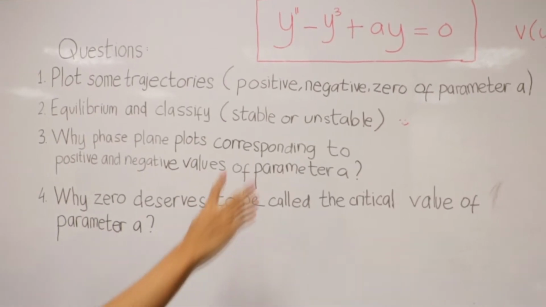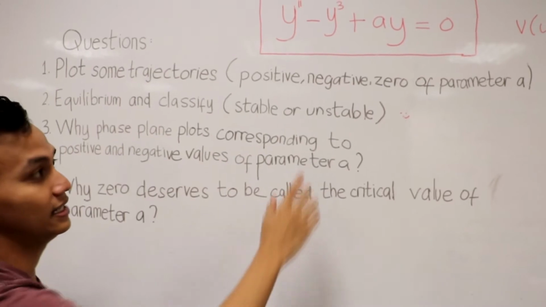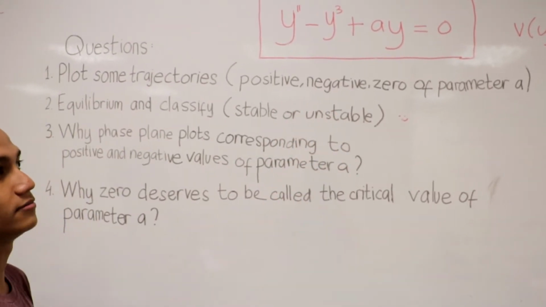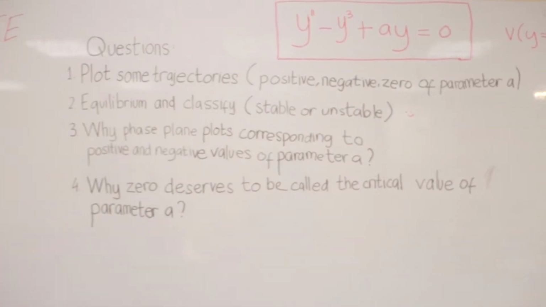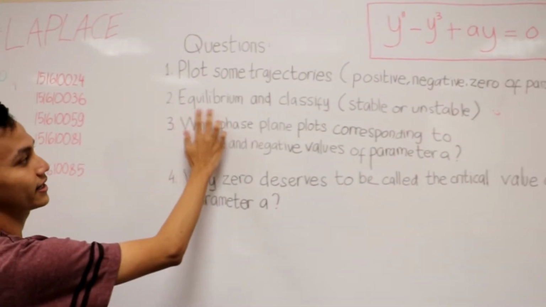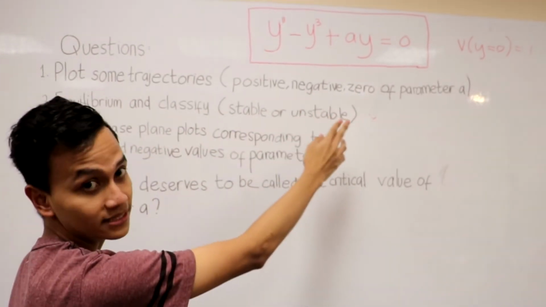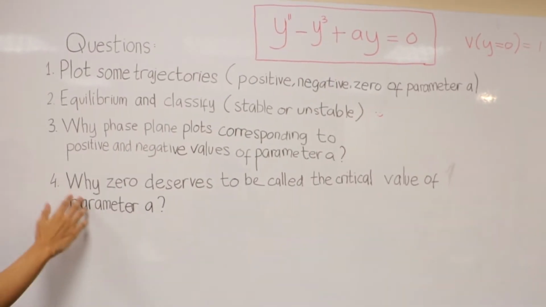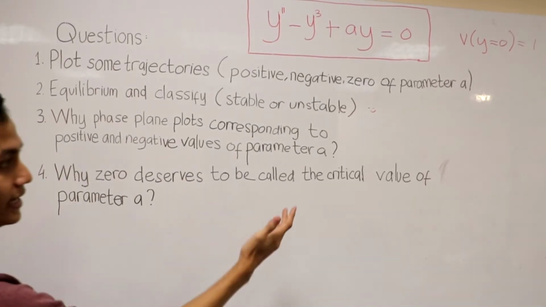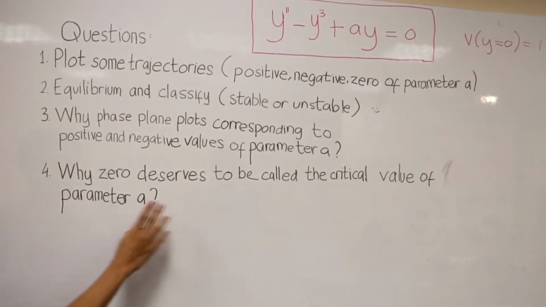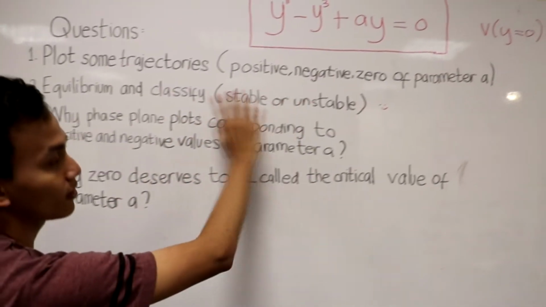In this case, we need to prove the numerical method and compare it with the improved Euler method and the Runge-Kutta method. For the second question, we have equilibrium and classify it to know the stable and unstable points of the equation itself. In the third, we have the phase plane plot corresponding to positive and negative values of parameter a. And the last is to find the critical value of parameter a that comes from equation 1.